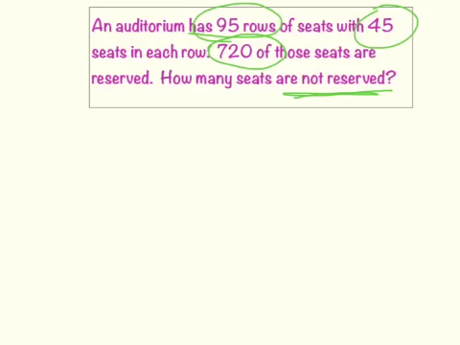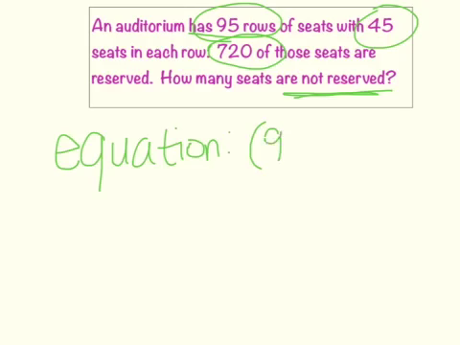First of all, what we don't know is how many total seats there are in the auditorium. So this again is going to be a multi-step equation with parentheses. So the first thing we'd have to do is find out how many seats there are total. That involves taking 95 times 45, the number of rows times the number of seats in each row. Then, from there, we know how many seats are reserved, but we don't know how many are not reserved.